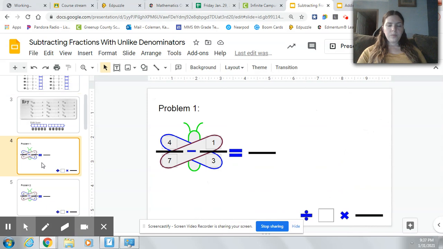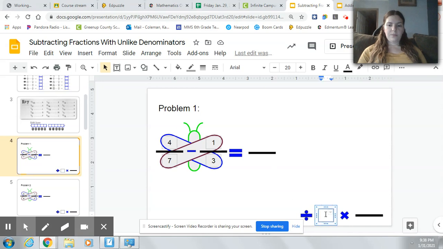So the first problem we have is a subtraction problem. And we're doing 4/7 minus 1/3. So this is pretty much the same steps that you did when you were adding fractions using the butterfly method. You have to multiply the denominator of one side by the numerator of the other side. So the 2 numbers that are included in the purple wing. So you're going to multiply 7 times 1.